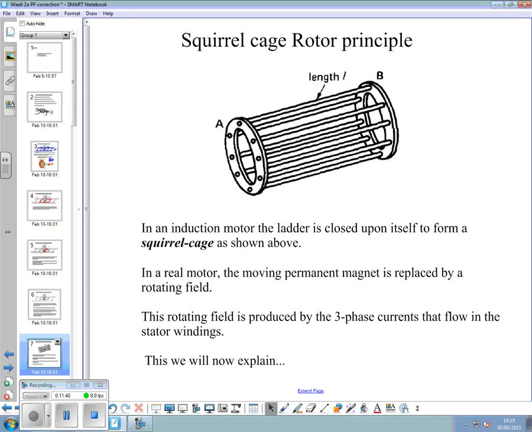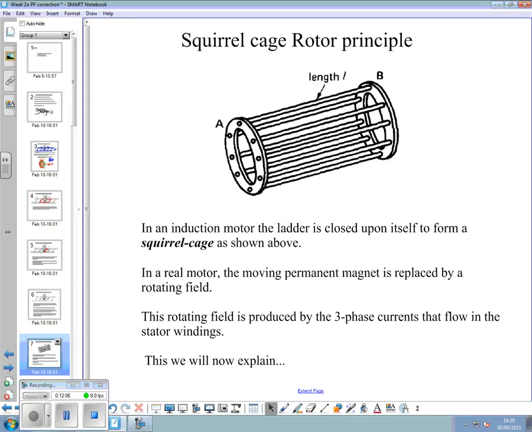In a real motor, from our initial analysis of this, it's not a moving permanent magnet. In a three-phase motor, it's replaced by a rotating magnetic field. The rotating magnetic field is produced by three-phase currents that flow in the stator windings.